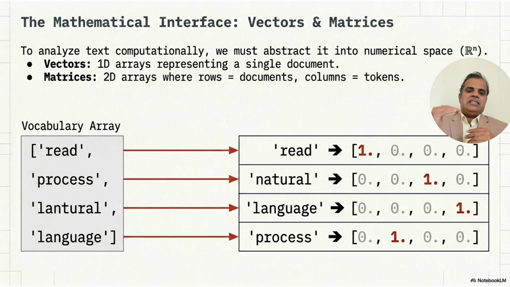When we stack these vectors together, we create a matrix where each row is a document and each column is a token count. We also use one hot vectorization to represent individual words. In a one hot vector, the entire array is a 0 except for a 1 at the specific index of that word. This transformation allows us to apply linear algebra to human language.